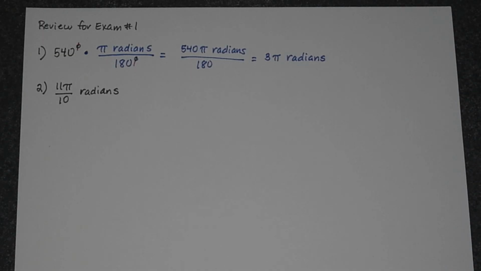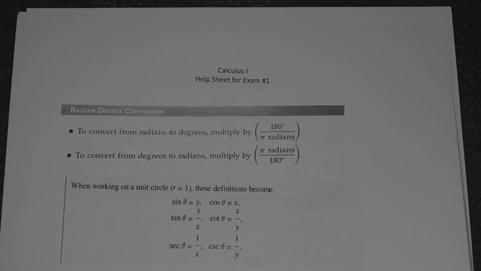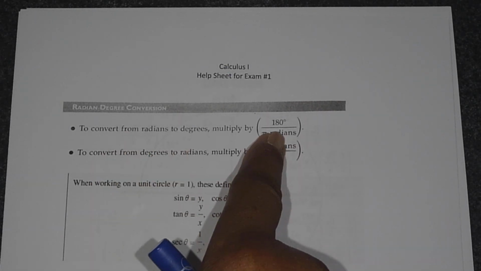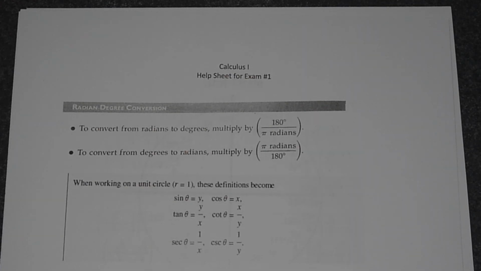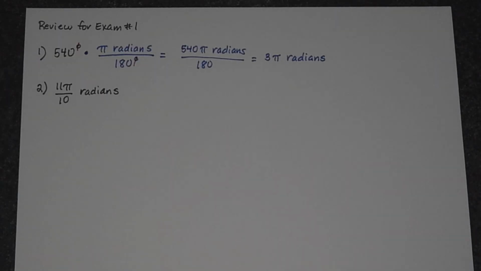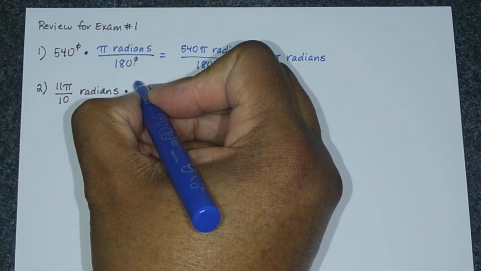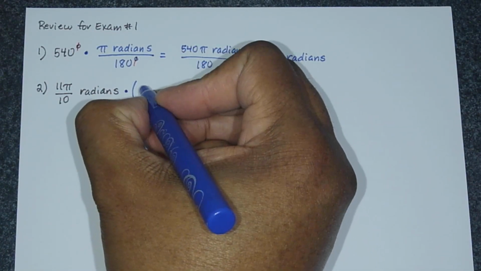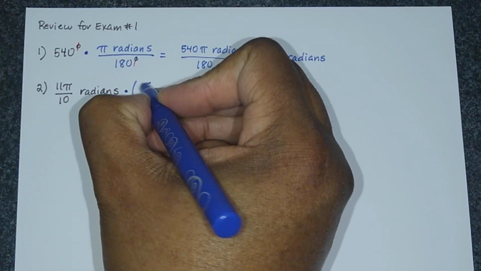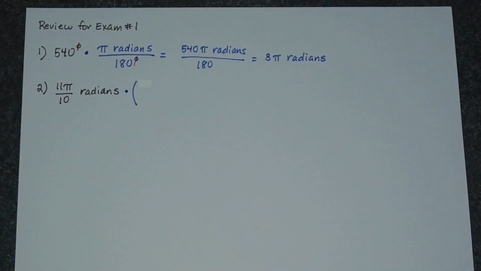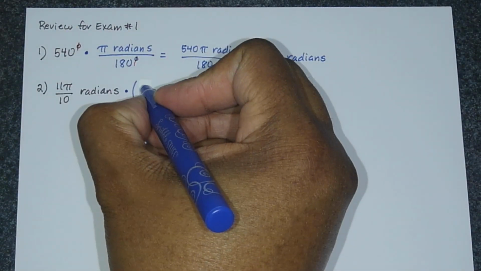In this case, we're going from radians to degrees, so that means we're going to multiply by this ratio, 180 degrees over pi radians.